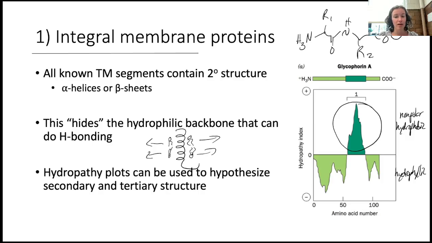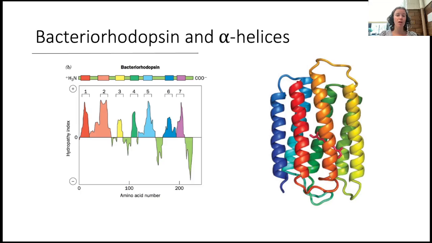Let's take a look at a few examples of this. For example, there's this protein structure shown to you on the right called bacteriorhodopsin, and it is all alpha helices. You'll see that each of these alpha helices pictured on the right corresponds to one segment of this protein that is on the hydrophobic part of this hydropathy plot.